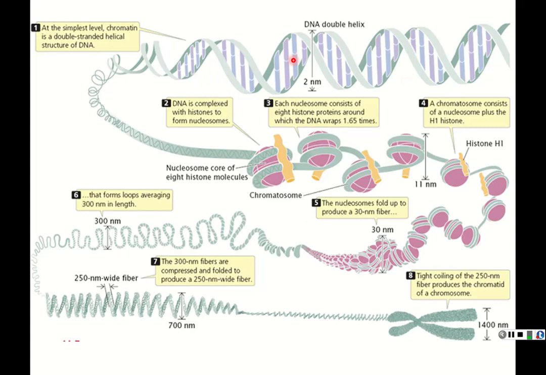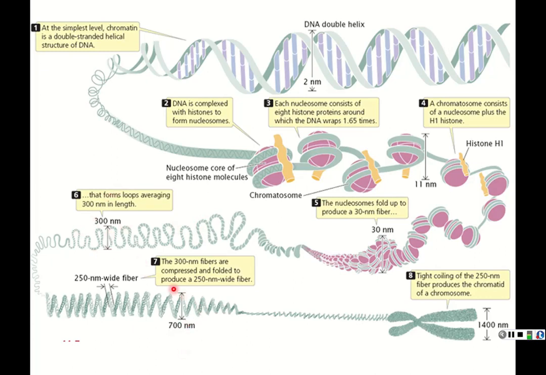Starting from the double helix, which is about 2 nanometers, to the nucleosome structure, which is about 11 nanometers, the 30 nanometer fiber, which is nucleosomes coiled on themselves, and then that is coiled up again on itself, which makes the 300 nanometer fiber.